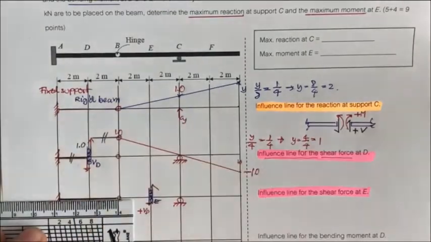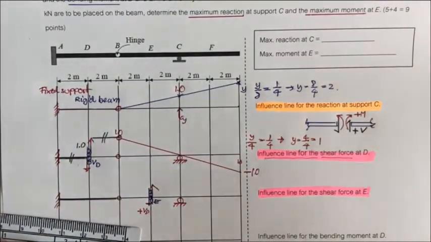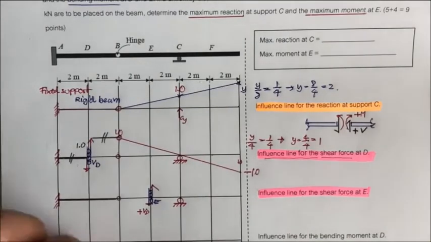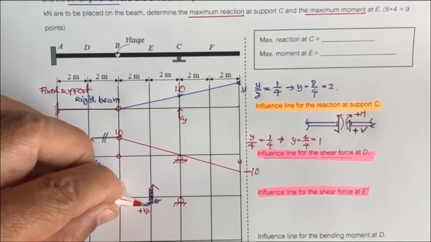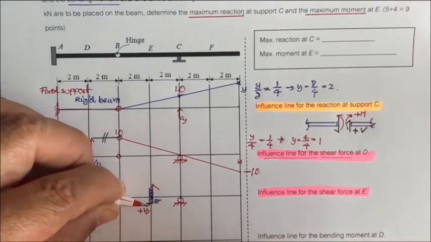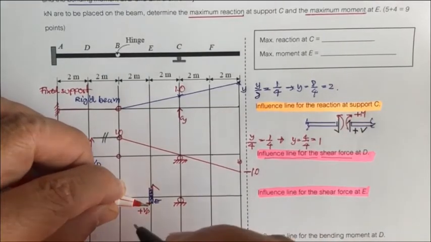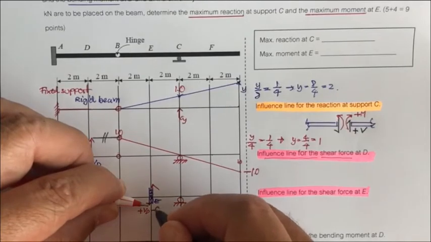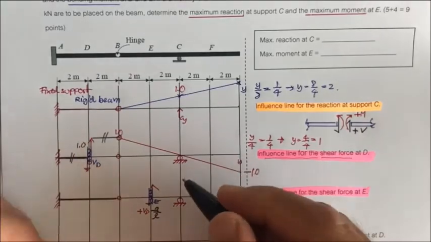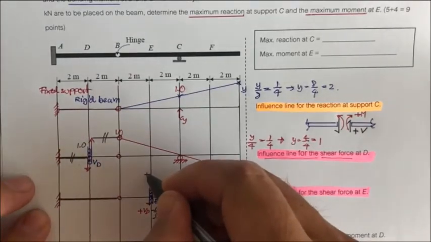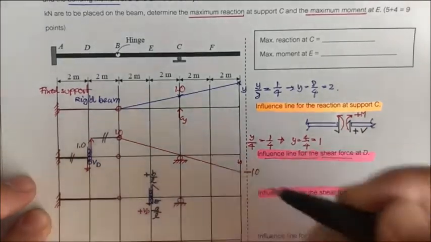By rotating here, this one has the hinge and moves downward by minus A over L, and the other moves upward by plus B over L.